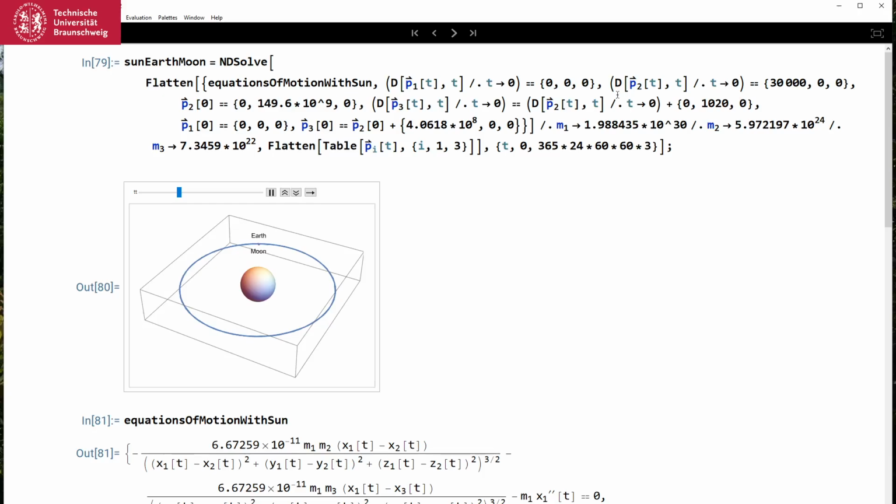What may be interesting is how we put the moon, because we know the behavior of the moon in the coordinate system of the Earth, right? So P2 is now the Earth, where we give a position, the distance from the sun, and the velocity. For the Earth it is roughly like this, 30,000 meters per second.